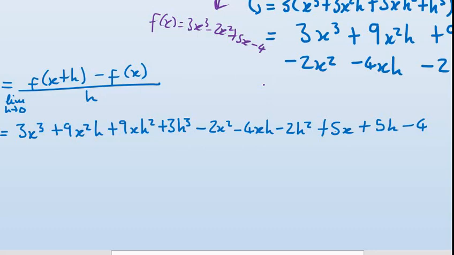Remember, the negative must affect this whole thing. So do this for yourself. Write it on the side with a pencil. Negative multiplied by 3x cubed minus 2x squared plus 5x minus 4.